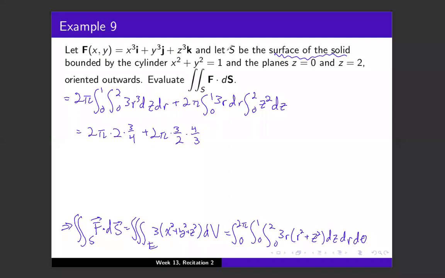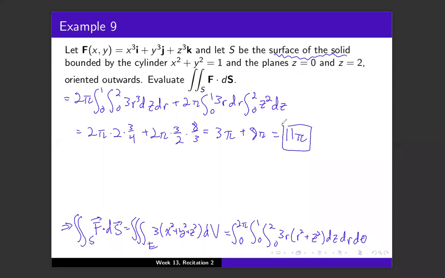No, I'm sorry, 8/3, because it becomes z cubed in that case. So in other words, that's 3 pi plus 8 pi, or 11 pi. That's our final answer in this case.